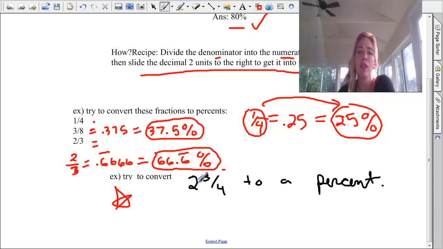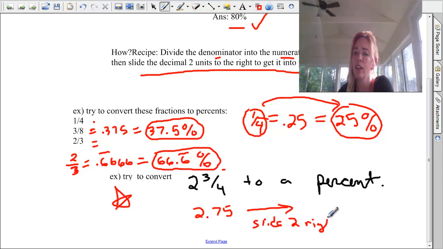All right, now this last one. This is a fun one. Try to convert 2 3/4 to a percent. Well, you may know in your mind that 3/4 is 0.75. So you might say, I'm looking at a mixed number, so I'm looking at 2.75. But you're still following that strategy of slide to the right. 1, 2, and then place the percent symbol.